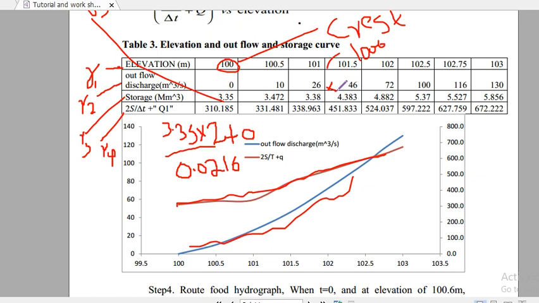So by interpolating between these two values, we can estimate the discharge, that is 27.6.